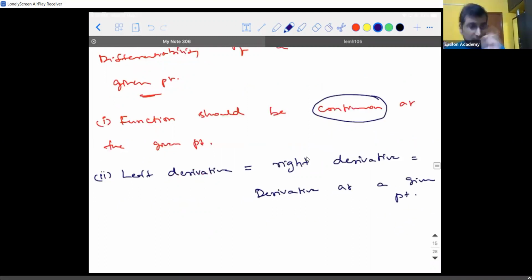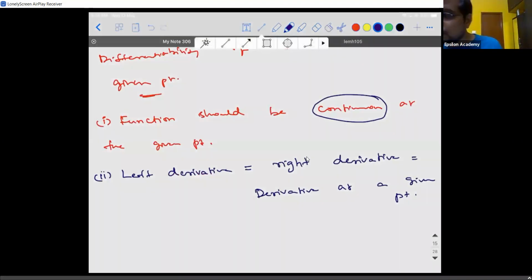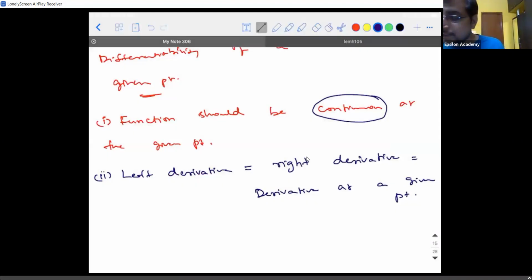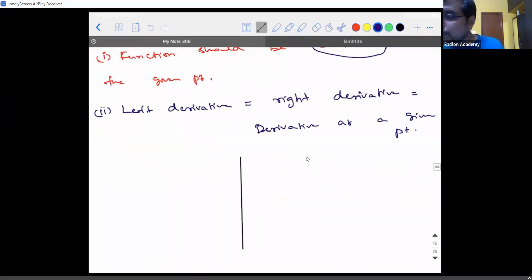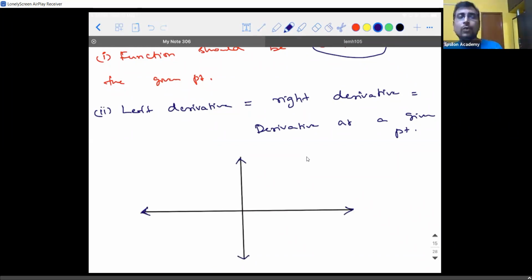Now comes an important question. When I say derivative here, I'm talking about the output of an operation called differentiation. You should tell me what output you get when you differentiate something.